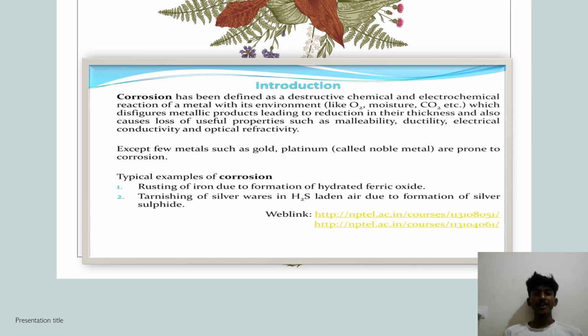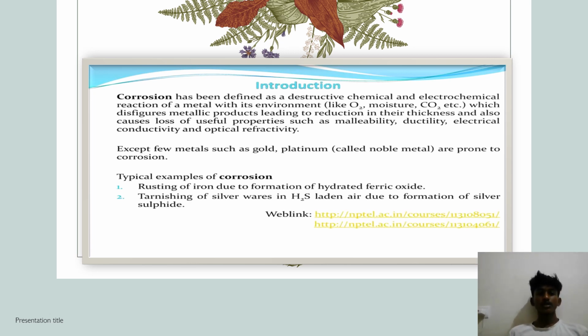Corrosion has been defined as the destructive chemical and electrochemical reactions of a metal with its environment like O2, moisture, CO2, etc., which cause loss of useful properties such as malleability, ductility, electroconductivity, and optical refractivity.